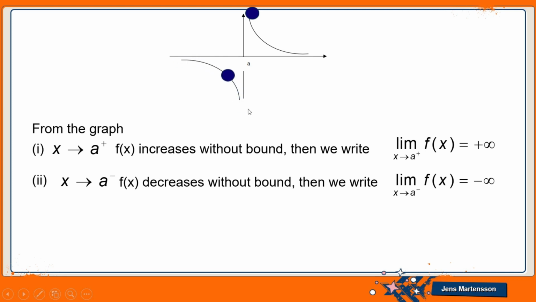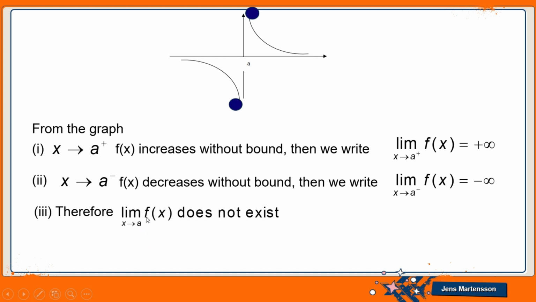Therefore, limit f(x) when x approaches a does not exist, because the limit from the right is infinity and the limit from the left is negative infinity. The limit from the right is not equal to the limit from the left. Therefore, the limit does not exist.